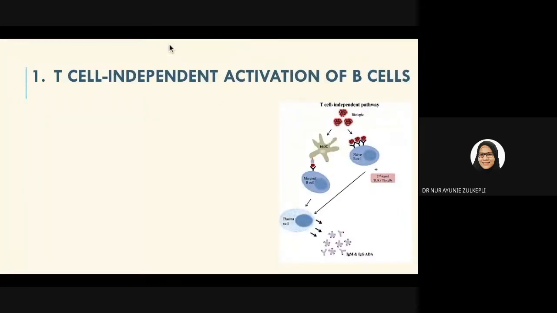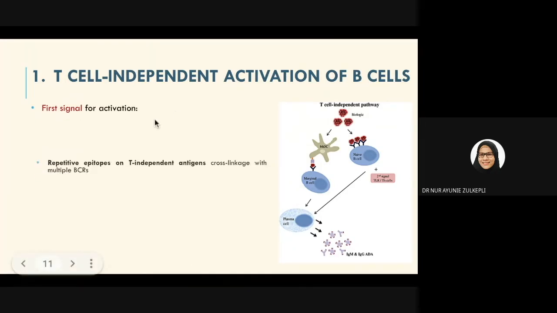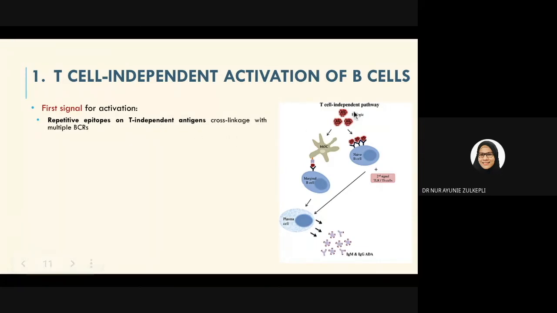Okay, let's look at the first one, the T cell independent activation of B cells. The first signal for activation is the repetitive epitopes on the antigen forming a cross-linkage with multiple B cell receptors.